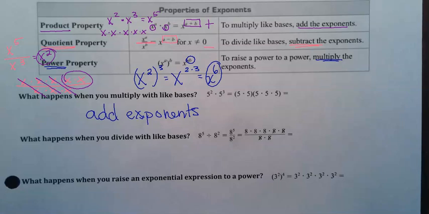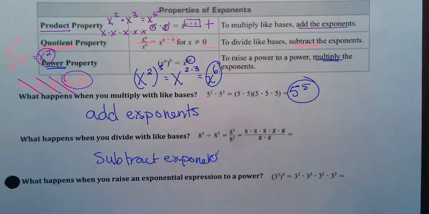Yep. So this would be 5 to the 5th power. Good. What happens when you divide with like bases? You subtract exponents. Perfect. I'm going to just write it subtract. It's your notes, so it's up to you.